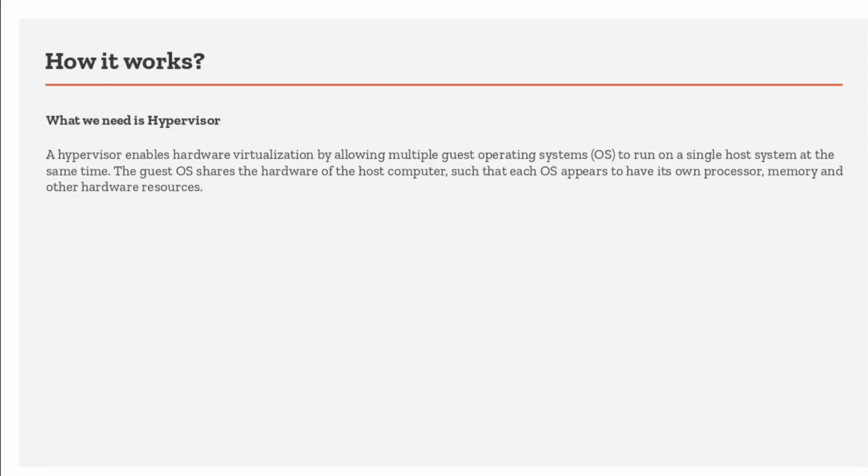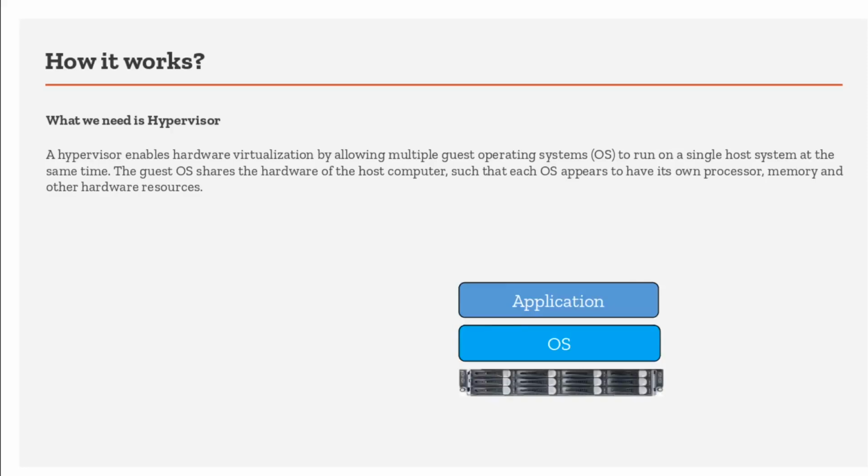It is responsible for all this pooling and abstracting of resources. So this is the actual term which we use when we say virtualization software. It is actually the hypervisor.